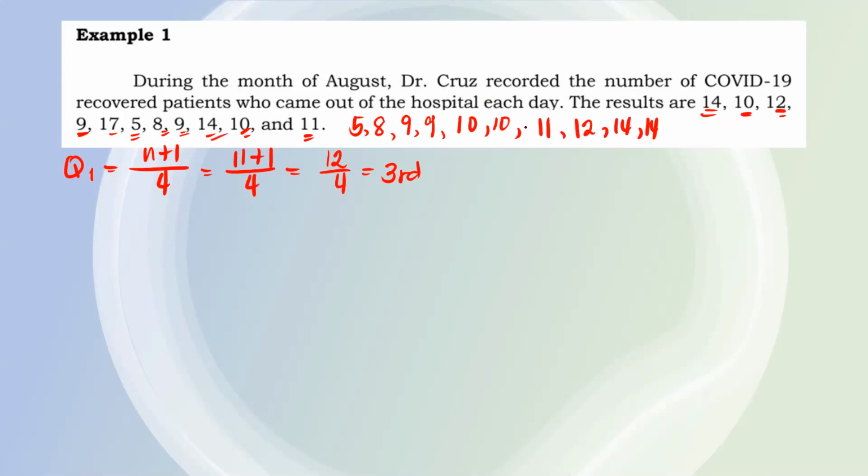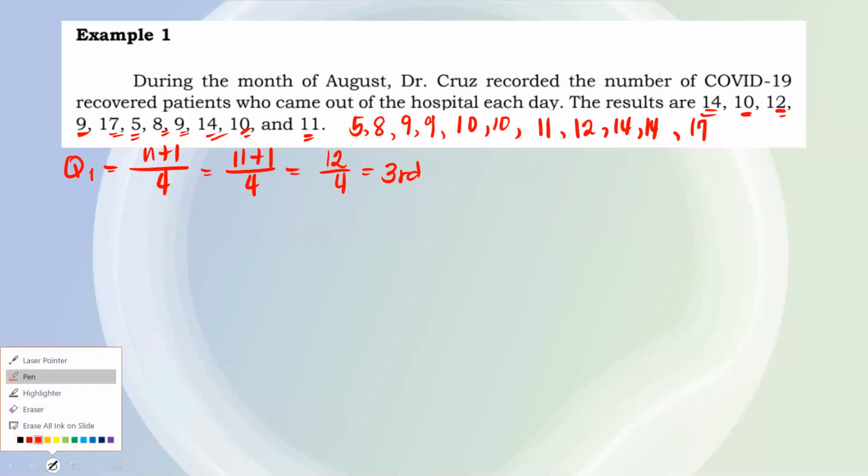And we have the last one, which is 17. So yung pang third daw, yung quartile 1. So, gamit tayo ng ibang kulay. So yung pang third natin, yung quartile 1. Okay, next.